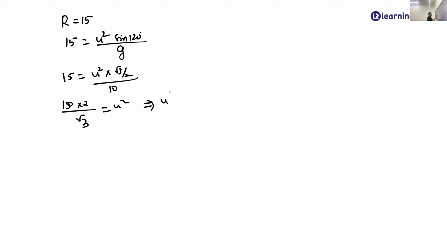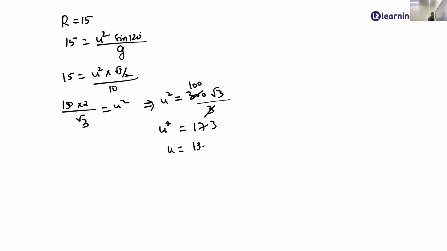So what will be the value of u square? 300 into root 3 divided by 3, so this will be 100 root 3. So 100 into 1.73, how much is it? So u will be 13 point something, because 13 square is 169.